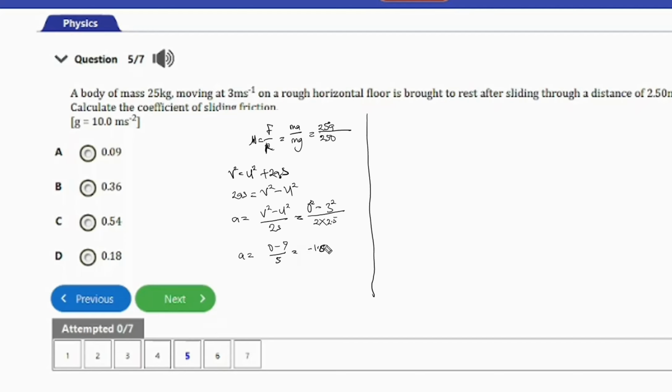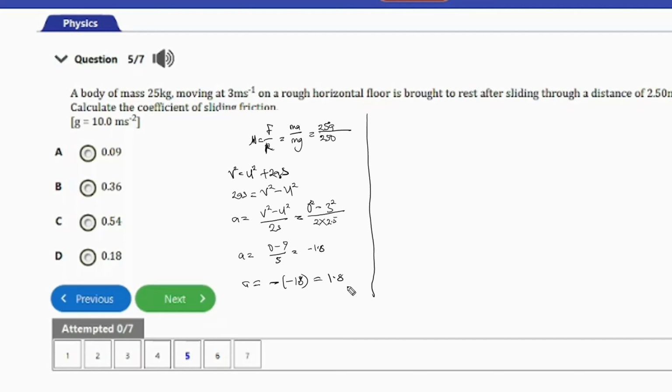But let's take note that this is the deceleration. Negative 1.8 is the deceleration because it was brought to rest. So in that case, the acceleration will now be the negative value of negative 1.8, and that's positive 1.8.